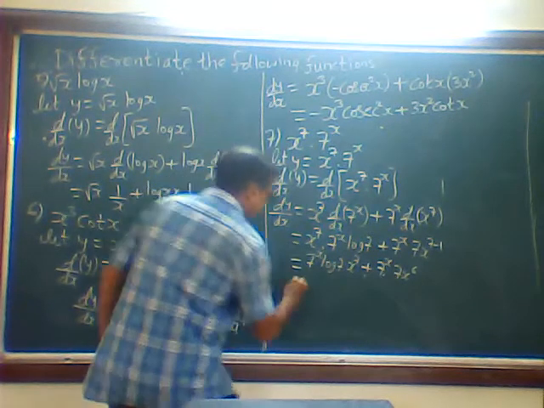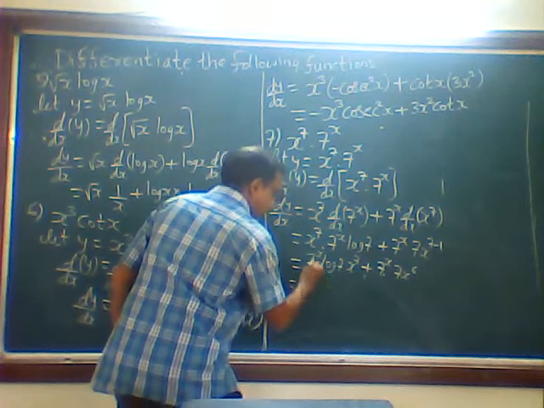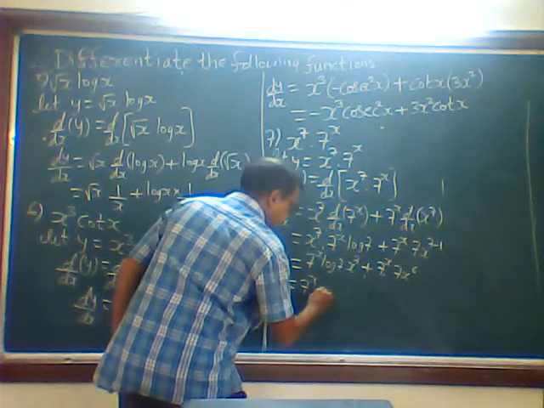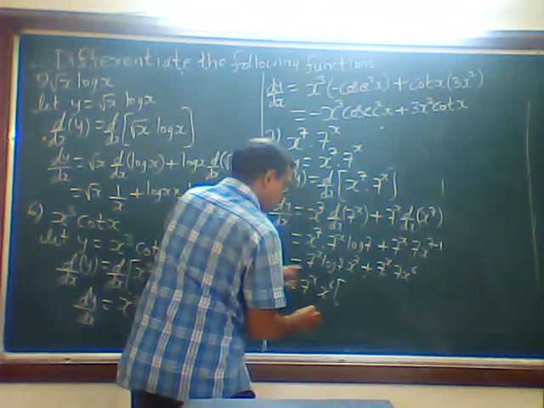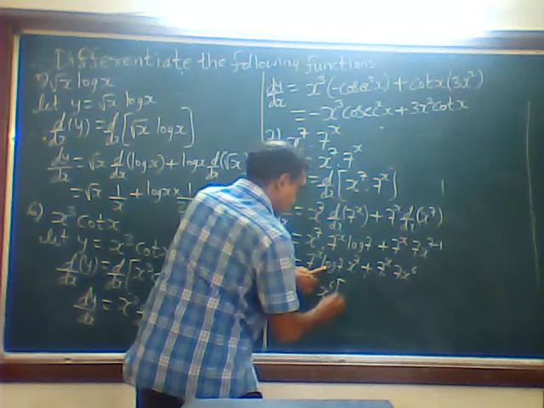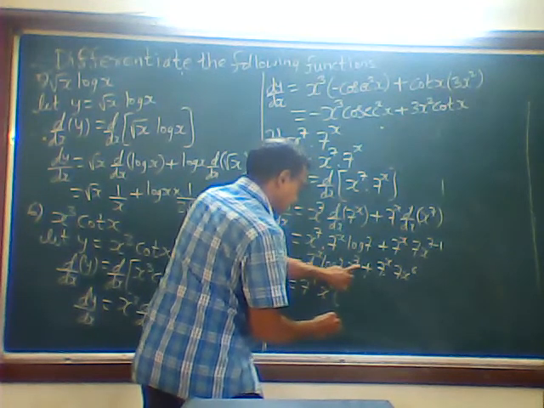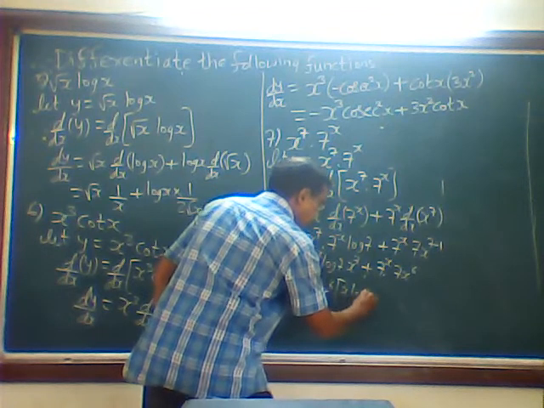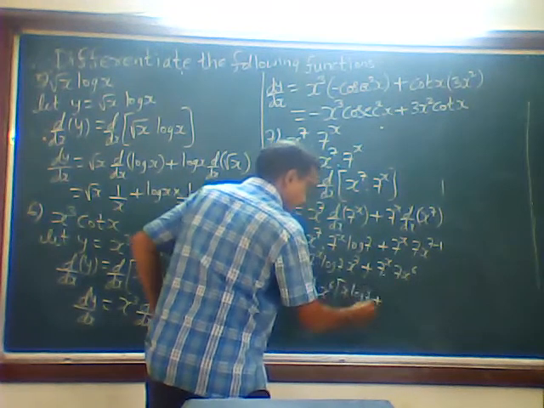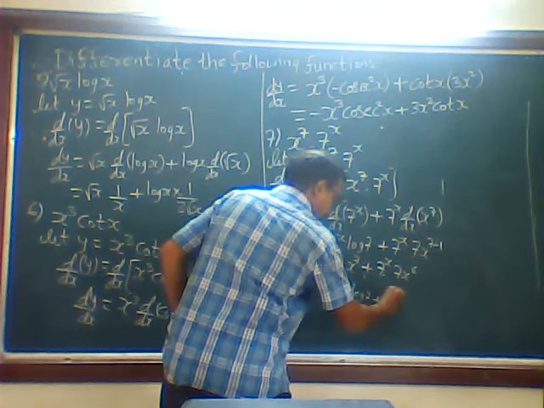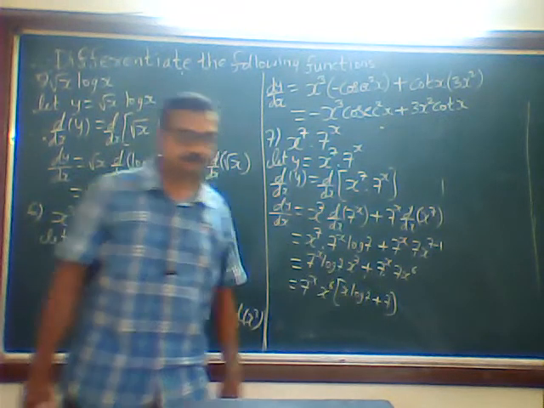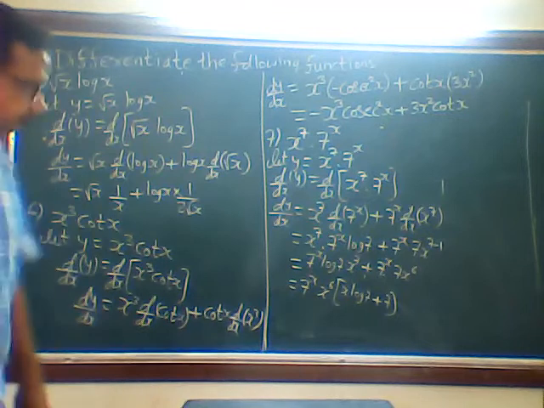If you want, we can write it this way: 7 raised to x is one common. Then x raised to 6 I can take common. So what remains here? Log 7 will remain, and 6 is outside, so 1 x will remain: x log 7 plus here, 7 remains. That's all. Otherwise you can leave the answer here also. Okay?